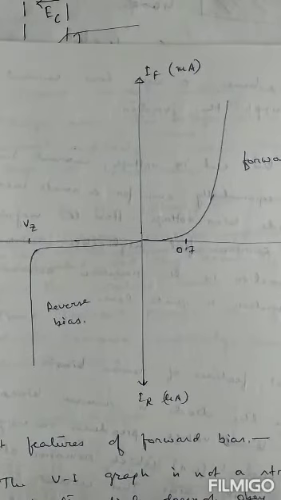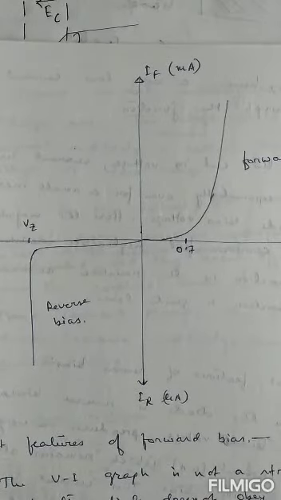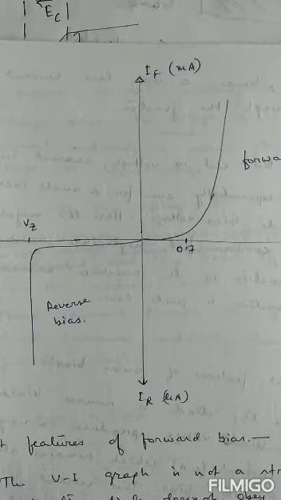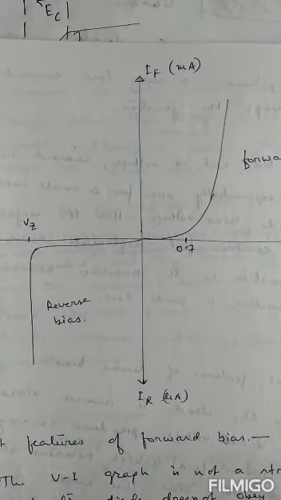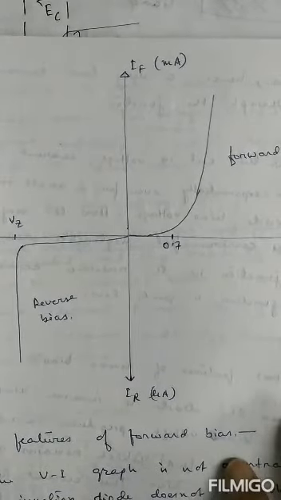This graph is already discussed in the current electricity. I think you can remember non-ohmic conductor, the conductor which does not obey the Ohm's law. During that study, we said that the junction diode does not obey Ohm's law.